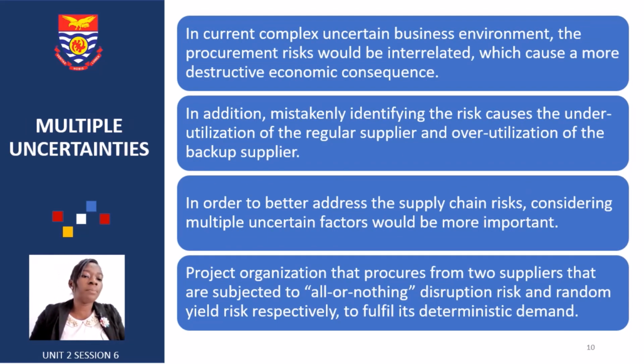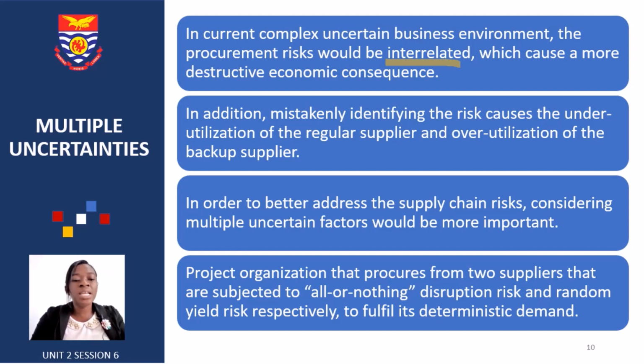Then we have multiple uncertainties. In the current complex, uncertain business environment, the procurement risks could be interrelated, which causes a more destructive economic consequence. In addition, mistakenly identifying the risk causes underutilization of regular suppliers and overutilization of backup suppliers.